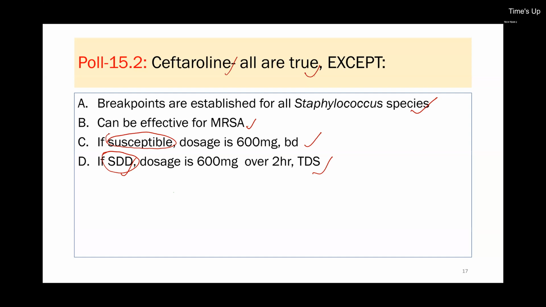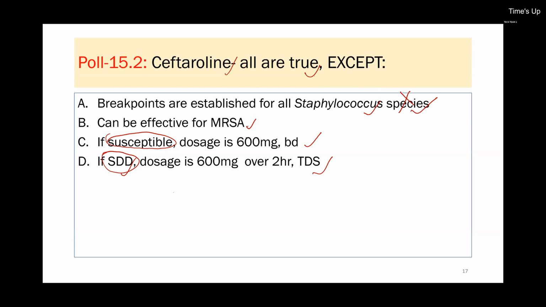It doesn't have any intermediate breakpoint. There are only 3 SDDs mentioned in CLSI. Among these, one is ceftaroline for Staph aureus. It has no breakpoint available for non-aureus isolates. The breakpoints are exclusively for Staph aureus.